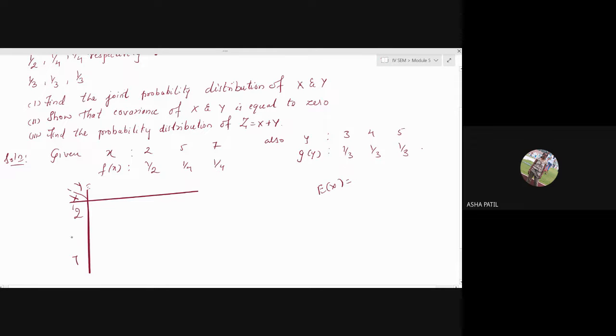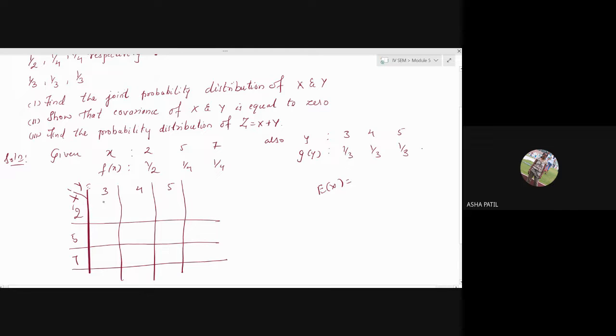I'll write a joint distribution table. Put the joint distribution table. X values, y values are 3, 4, 5. Now what we have is the marginal distributions.